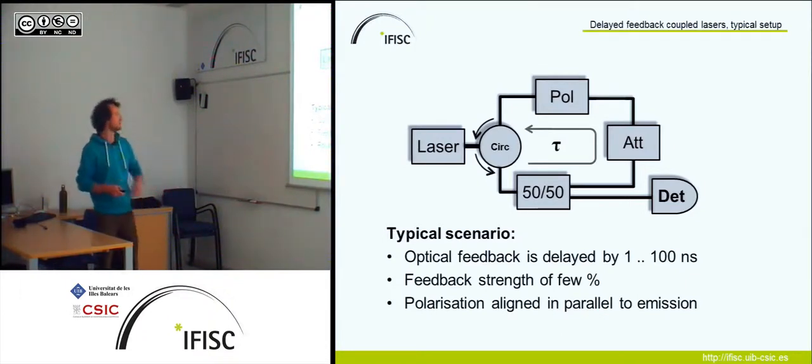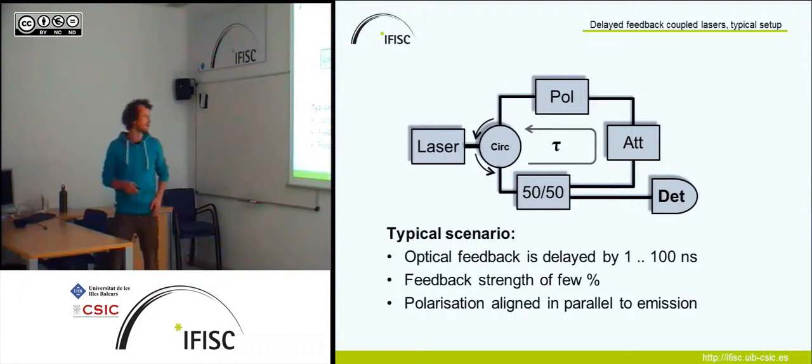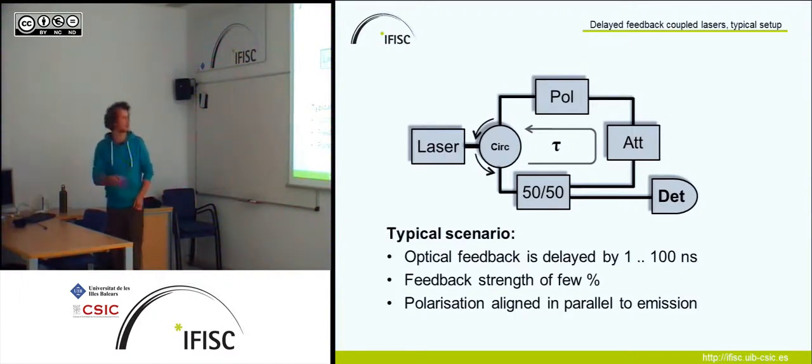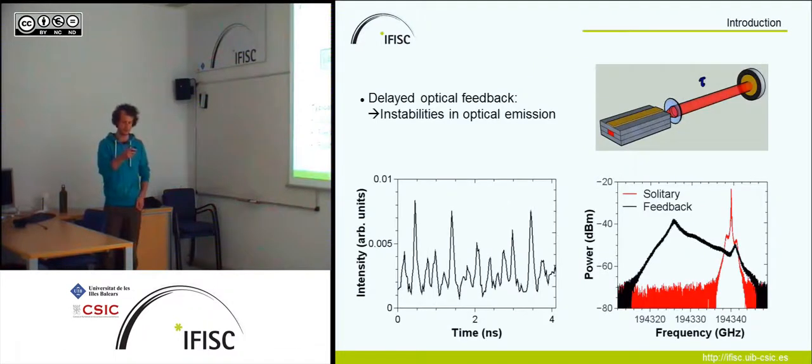The typical feedback delay of such a setup is between 1 and 100 nanoseconds, whereas short feedback delay is usually achieved with free-space optics. We are typically between 70 and 100 nanoseconds in our lab. The feedback strength usually amounts to a few percent, and the polarization is typically aligned parallel to the emission of the laser, at least in all the data I present in my talk.